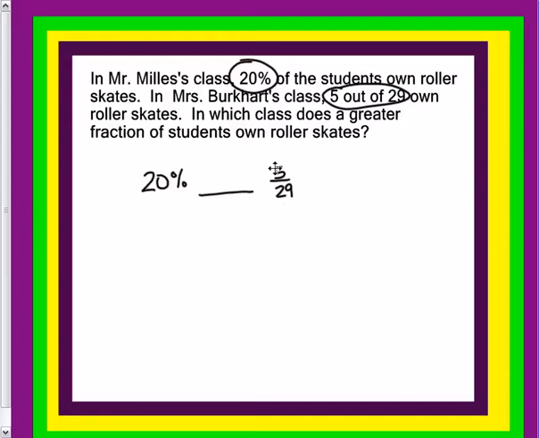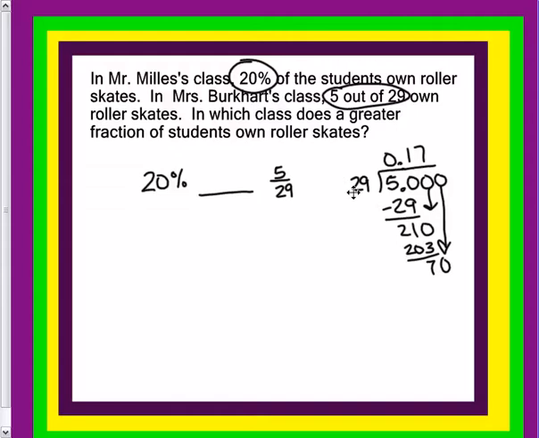Okay, so we want to change 5/29 to a decimal, which means I want to divide 5 by 29. I know it goes in 0 times, which means that, what about 50? It's going to go in 1 time. So 50 minus 29 is going to give us 21. Bring down another 0. It goes in 7 times. 7 times 29 is going to give us 203.